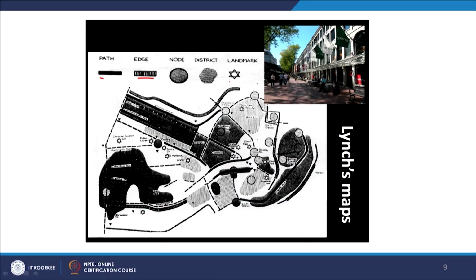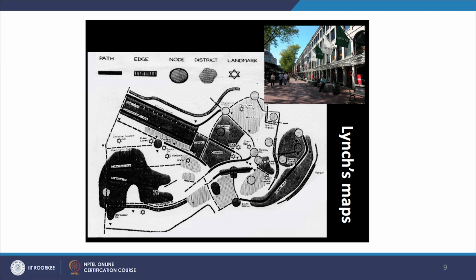Similarly, the edges have given certain meanings, and at the same time you have the junction points of the nodes and the districts, where the residential quarters are and where people live around. Then you can see a landmark, for instance a church or a tower or any particular built component which acted as a landmark. So this is how the Lynch maps give an understanding of the legible image.